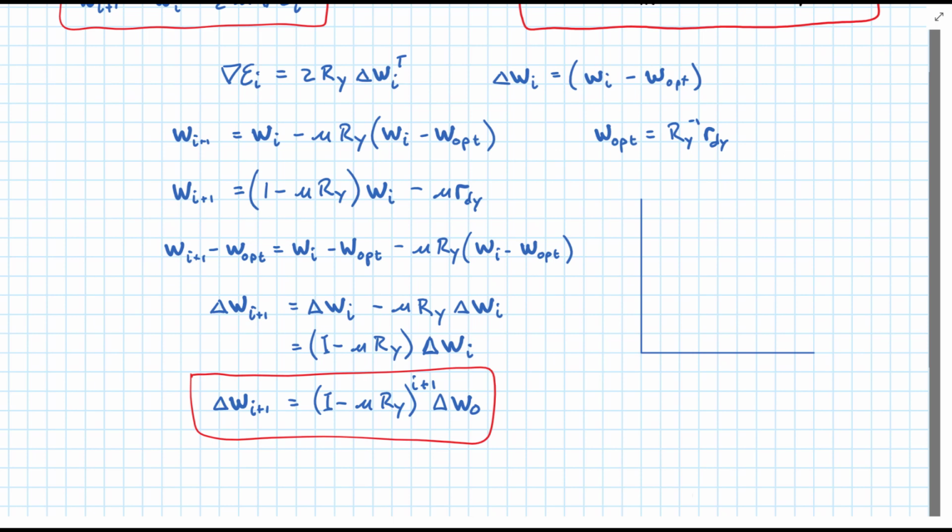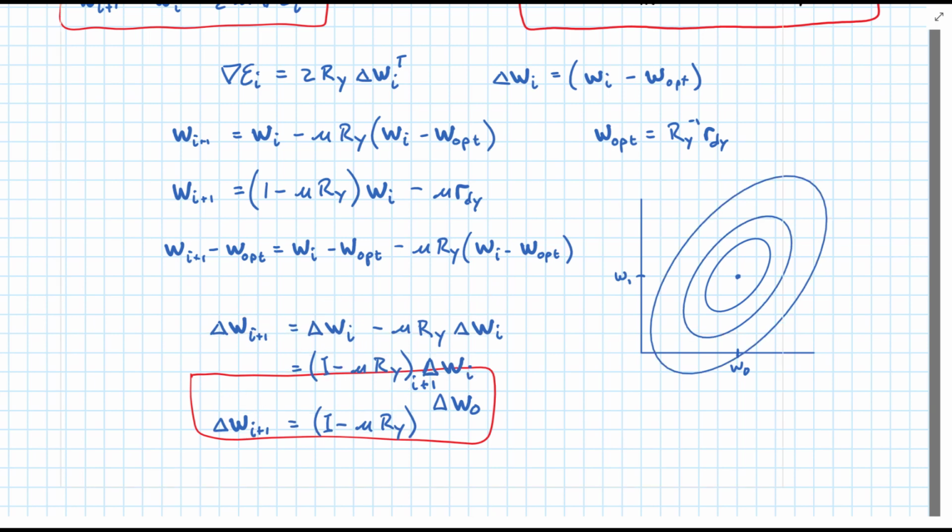So if this is our optimal weight W opt 0, optimal weight W opt 1, that's our Wiener solution, then the error curves are going to grow around that point. This could be viewed as a contour plot.